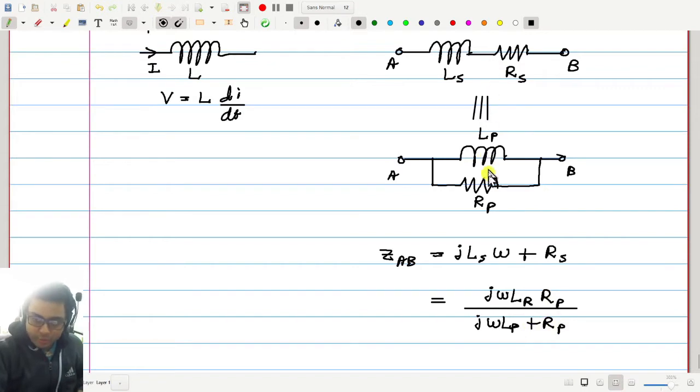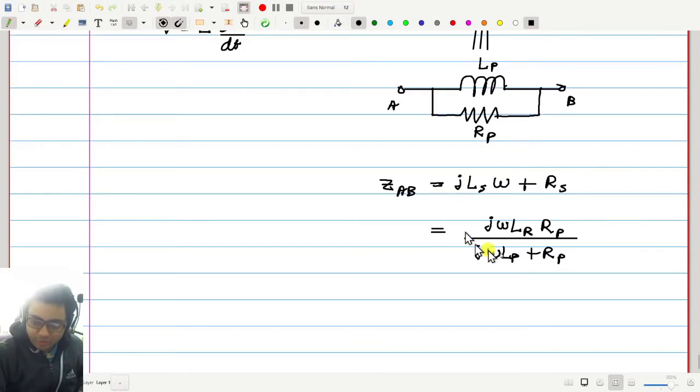If these two combinations are equivalent, then this series combination and parallel combination should result in the same impedance. So from this equation, we can find out the value of LP and RP in terms of LS and RS, or vice versa.